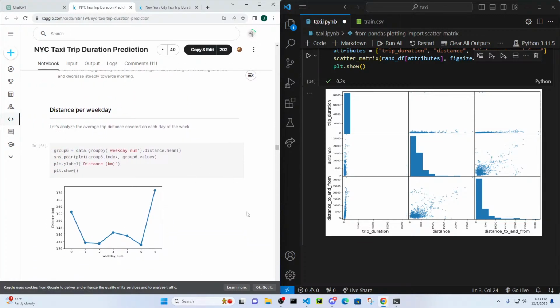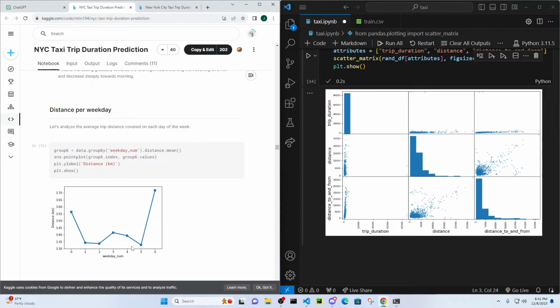So next is distance per weekday. Let's analyze the average trip distance covered on each day of the week. So he's grouping by weekday number, so the day of the week, and finding out the average distance based on the day of the week. Looks like the average distance is highest on Sunday and Monday.